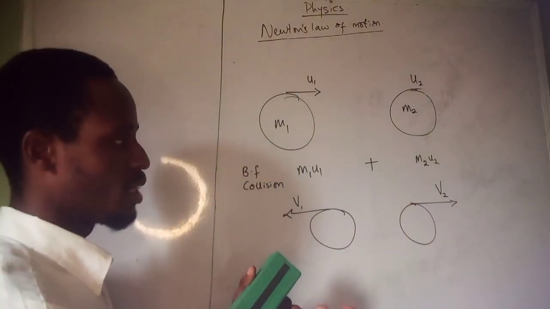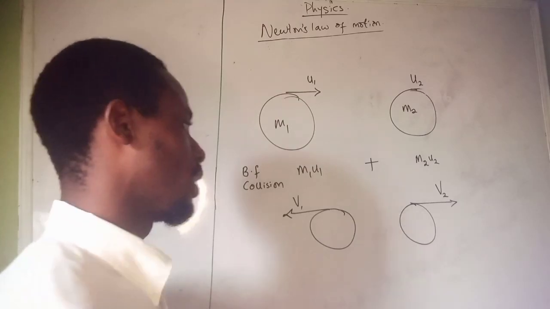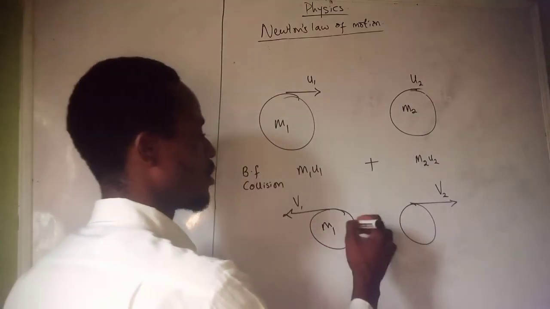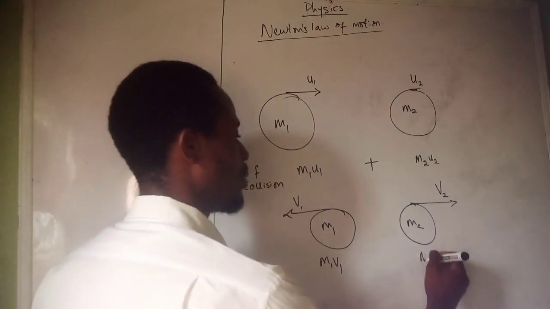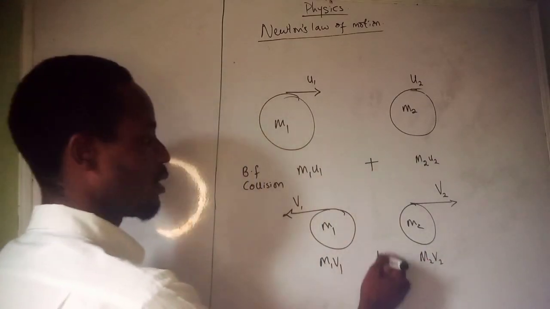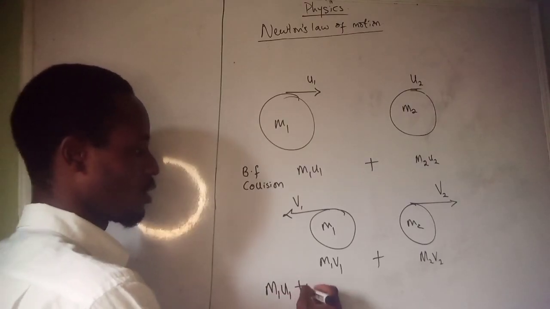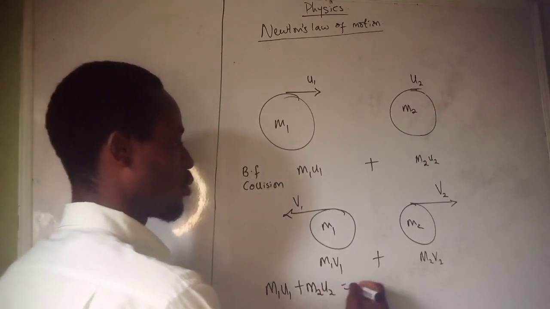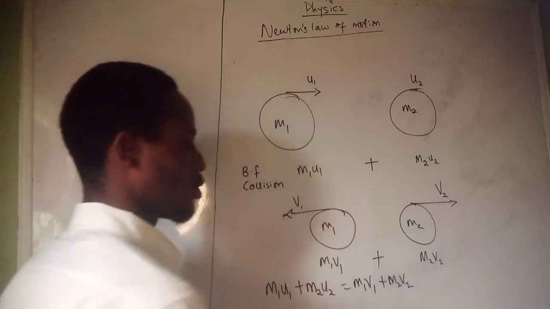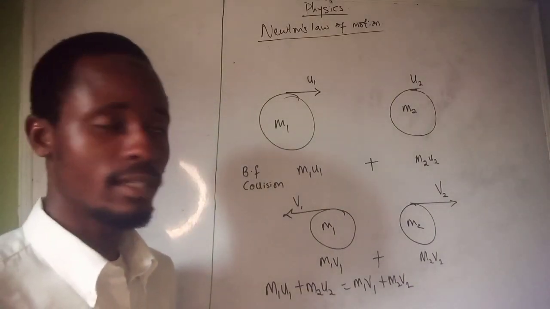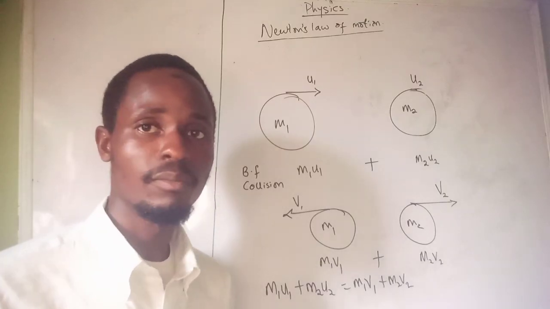If they move in opposite directions, don't forget the negative vector we had. So then the momentum here will be m1v1, this will be m2v2. So adding them together and equating to this using the law of conservation of linear momentum, we have m1v1 plus m2v2. So this collision is called the elastic collision because the two bodies move separately.